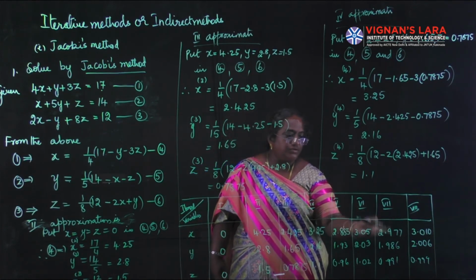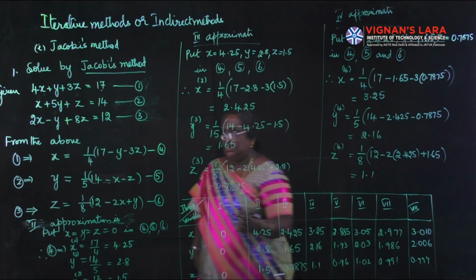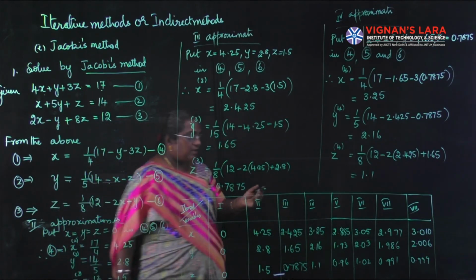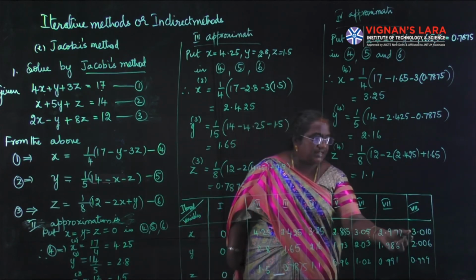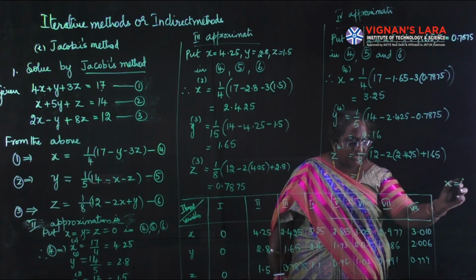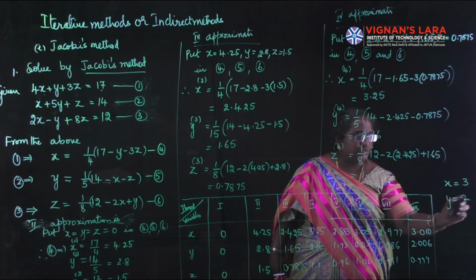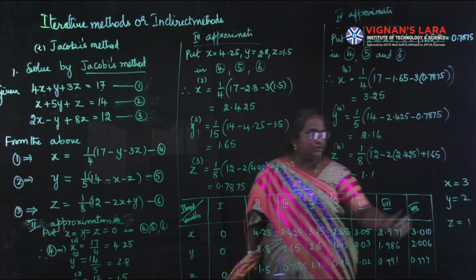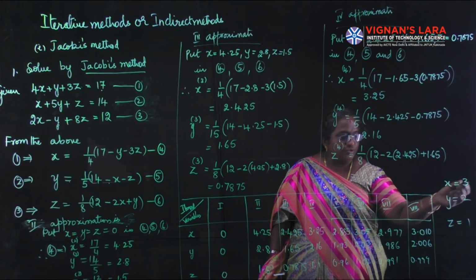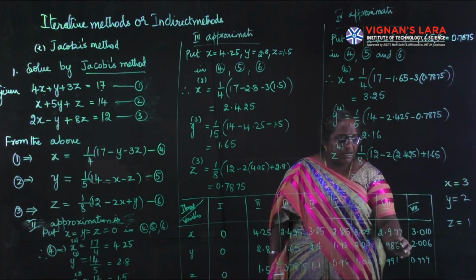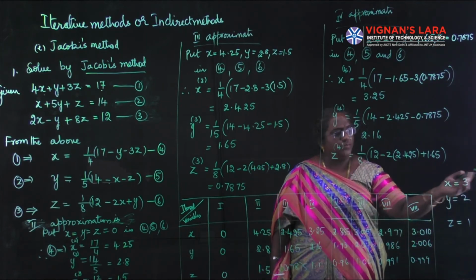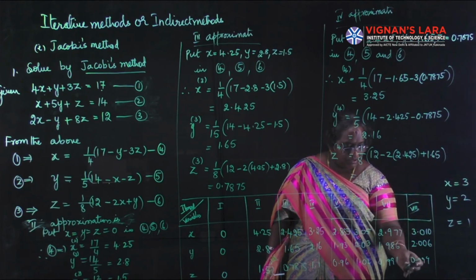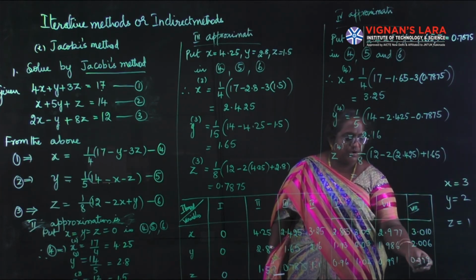Now if you check your actual answer, if you solve these equations in a calculator, seeing the eighth approximation, you have to understand that x is equal to 3, y is equal to 2, z is equal to 1. So your answer should be nearer to 3, so 2.999. Here your answer should be nearer to 2, maybe 1.999 or 2.0001. Here also the z value should be nearer to 1, 0.999.